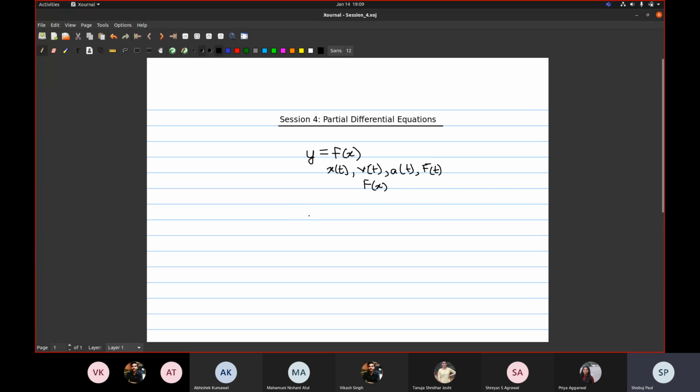What are partial differential equations? They are functions of this kind, which may involve all the coordinates and time. They are fairly complicated to solve by hand, because they involve derivatives like dou u over dou x, dou u over dou y, dou square u over dou t squared, something like this.